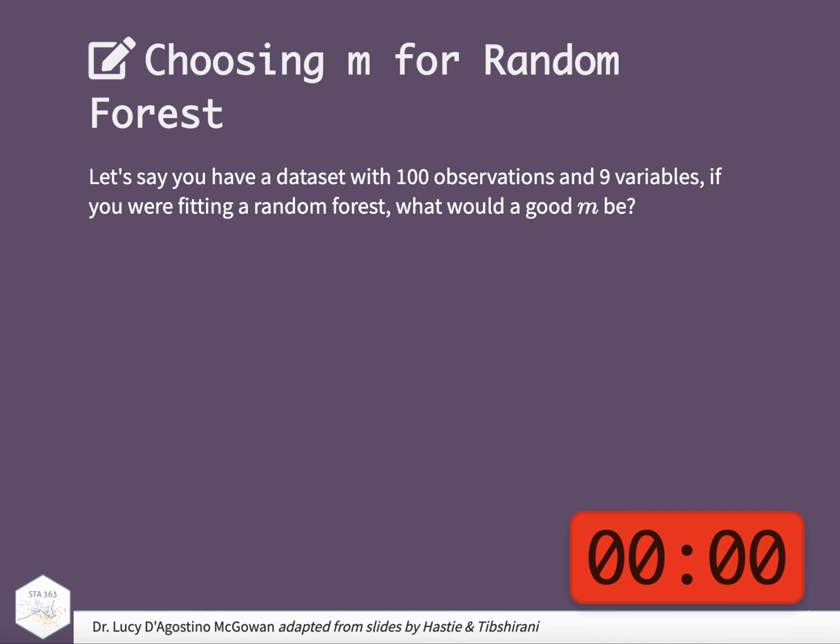The process is, first you would randomly sample 3 of your 9 variables, and then among those 3 you'd see which of the 3 would optimally give you a minimized residual sum of squares, for example, if you're doing a regression tree, and at what point you should split it. And so you would create that split with that optimal variable, and then at the next decision point, you would randomly select a new set of 3 variables and again pick the optimal split, and so on and so forth.